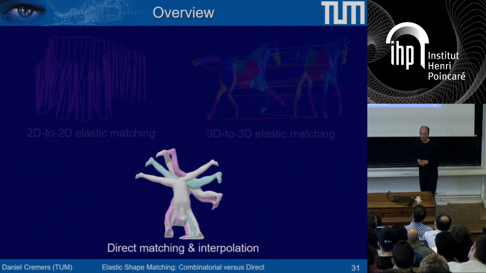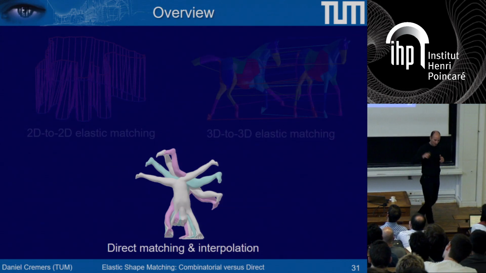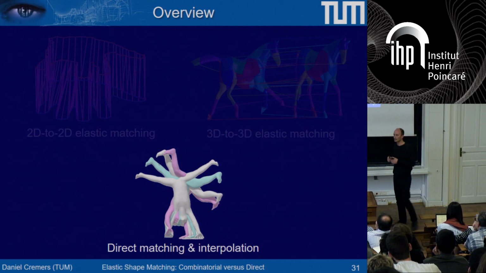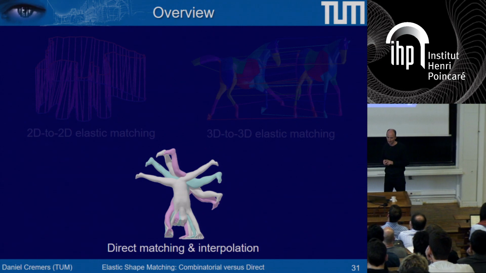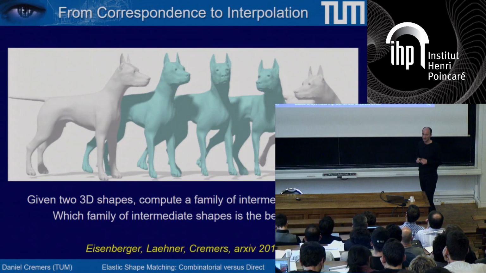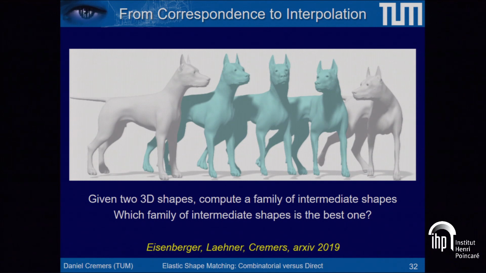As I said, this linear interpolation, you saw it also in the last example, is not a good way to really interpolate 3D shapes. And so that gets me to my last part in this presentation. How can we, given two 3D shapes, say the two gray dogs at each end, how can we interpolate these shapes?